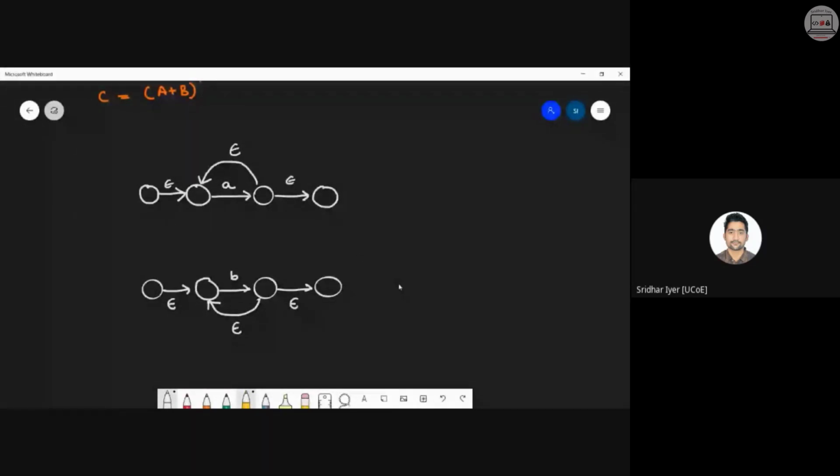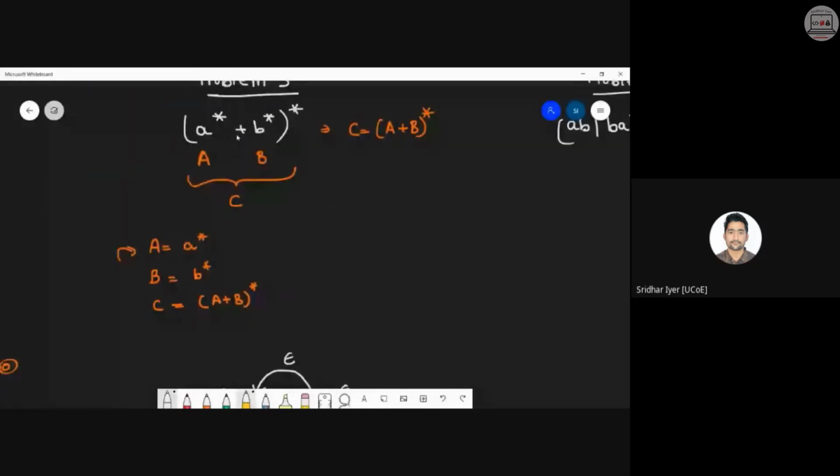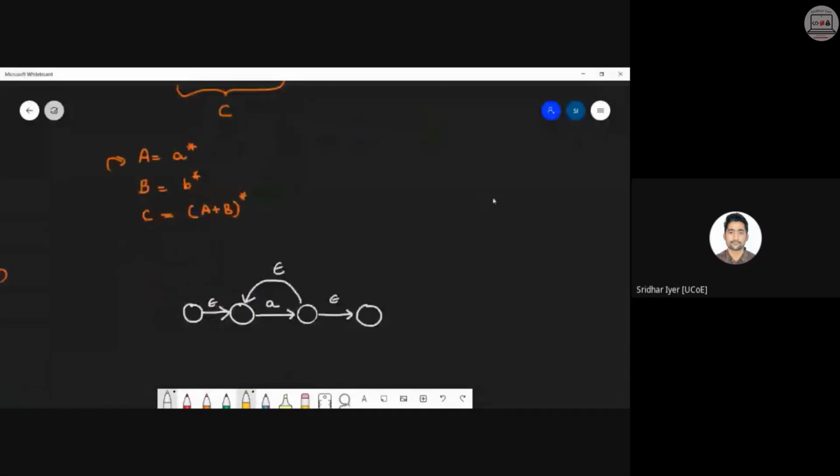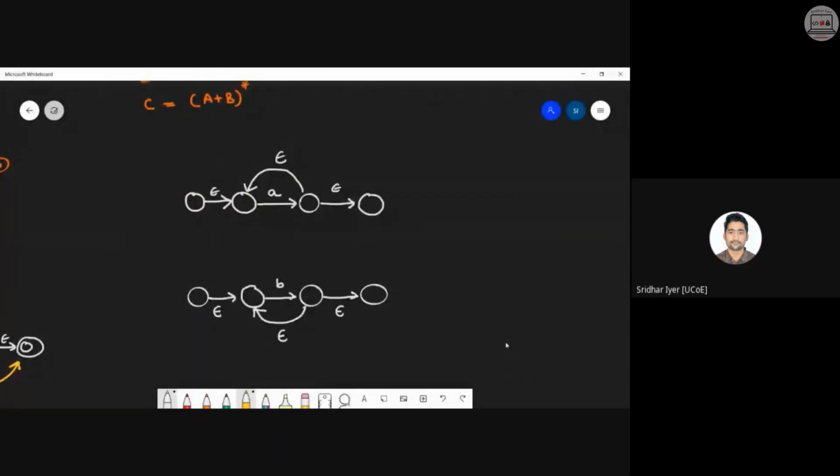Now have a look. The question is asking A closure plus B closure. That is why I have drawn it one above the other. Yes or no? Because we know that there has to be some kind of an addition, that is or. That is why I have drawn it like this. Because at the end मुझे combine करना है सबको.